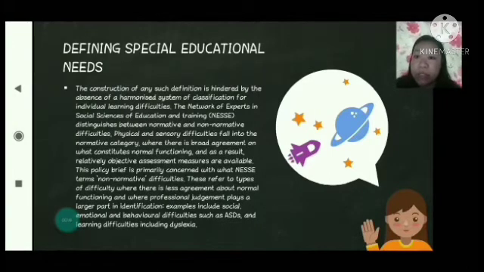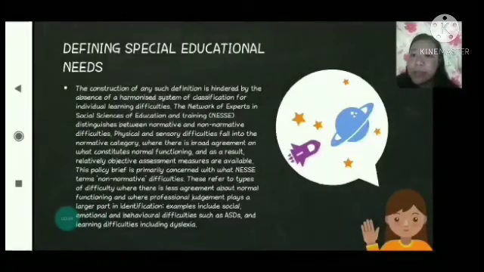The Network of Experts in Social Sciences of Education and Training, or NESSE, distinguishes between normative and non-normative difficulties. So what are normative and non-normative difficulties?